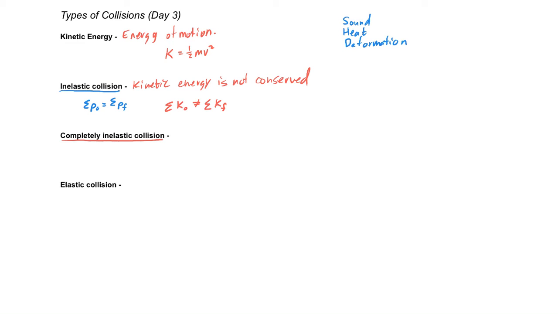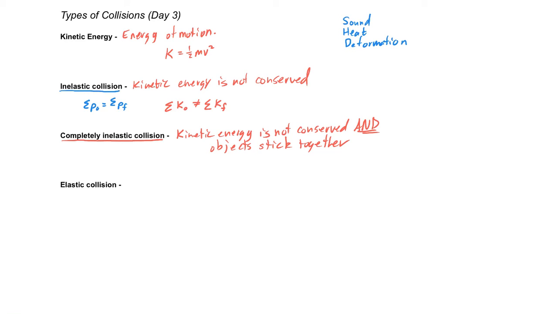Now, there is a special type of inelastic collision called a completely inelastic collision. And in a completely inelastic collision, not only is kinetic energy not conserved, but the objects actually stick together. Boop. Now, we've actually seen some of these already, right? Remember the example that I gave of me rolling down the sidewalk on my skateboard and running into a kid and grabbing that kid, and we move along at the same speed? That is a completely inelastic collision because me and the kid move along together. We stick together afterwards.